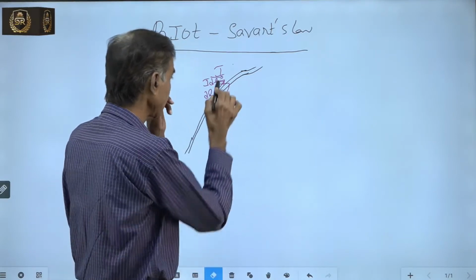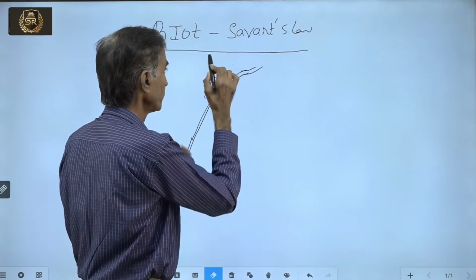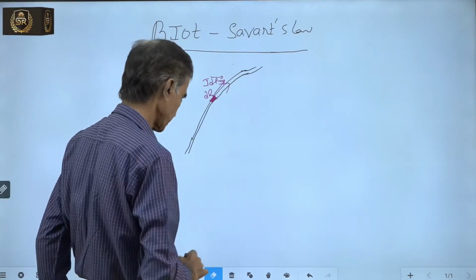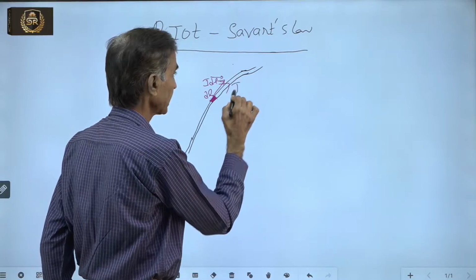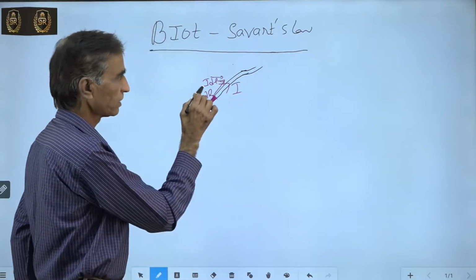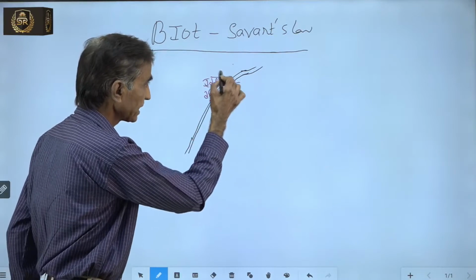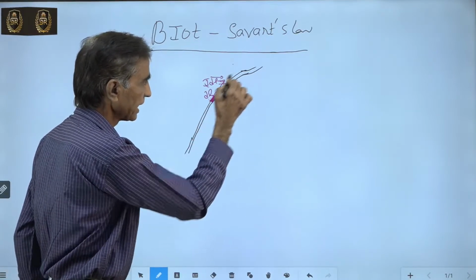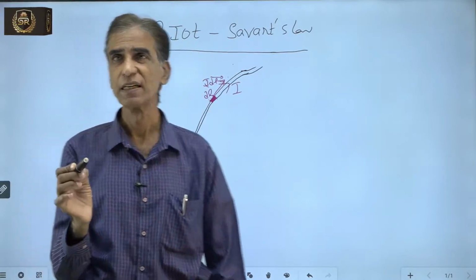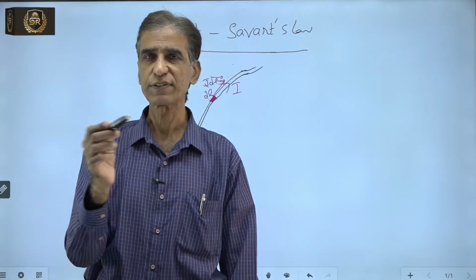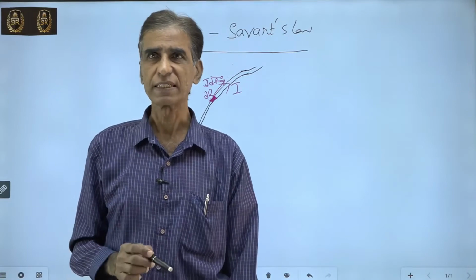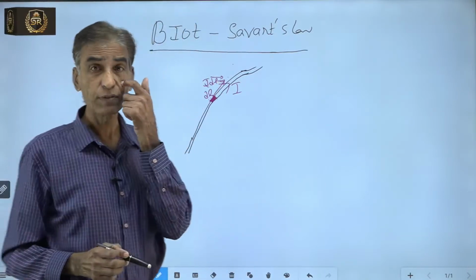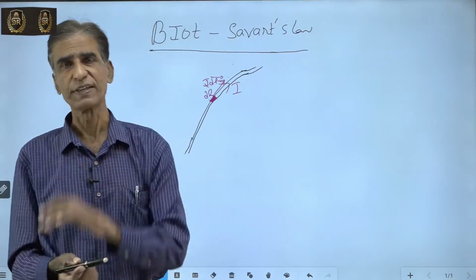The direction of this element is the tangent drawn at this point in the direction of the current. That's why I told you it is a vector. Now we take only the magnitude of IDL and want to find the magnetic field.